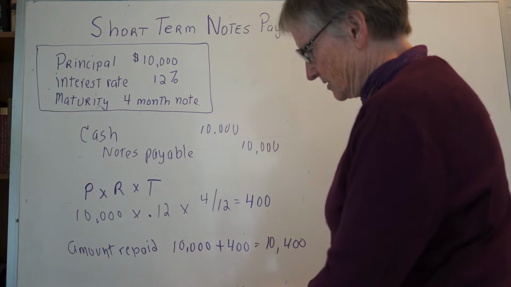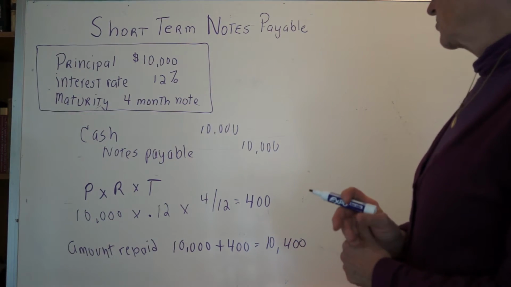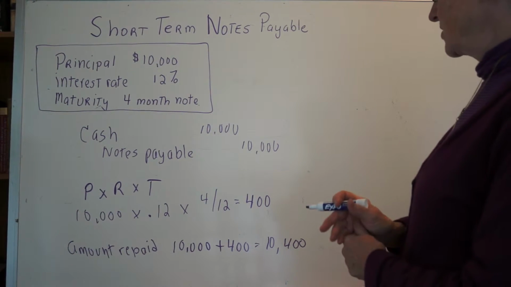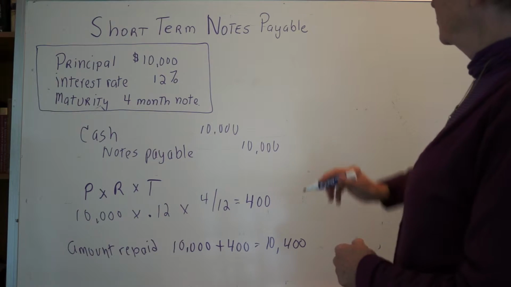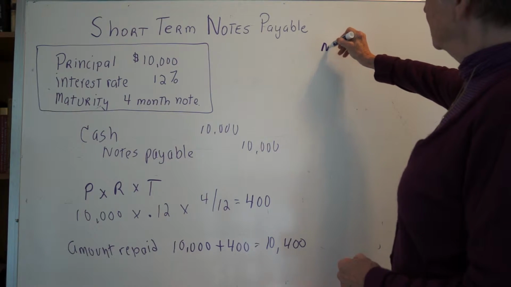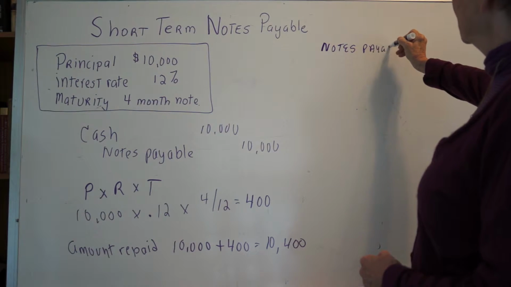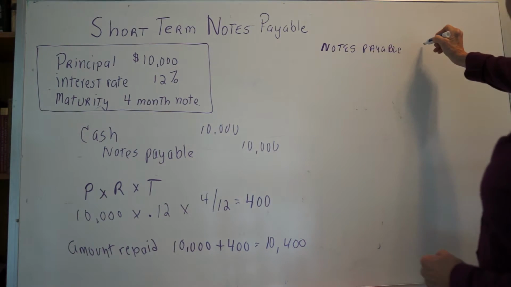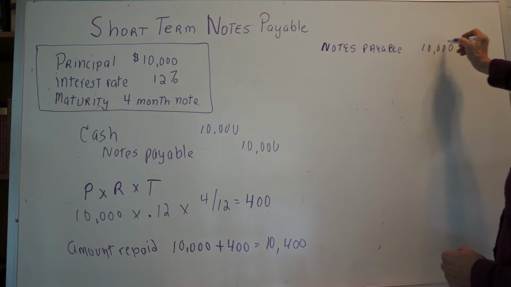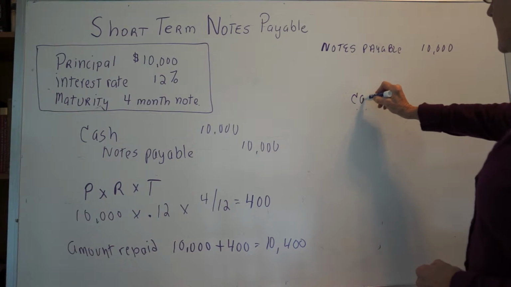When the note is repaid, in other words when we pay off the note, at that time we would debit notes payable to get the note removed from our books for $10,000. Always on and off the books at the face value, but we would be paying out cash.